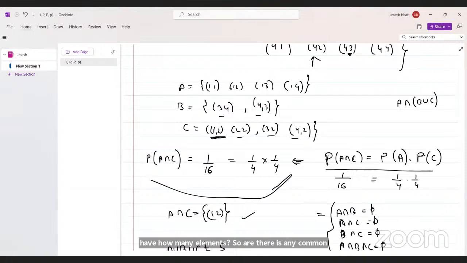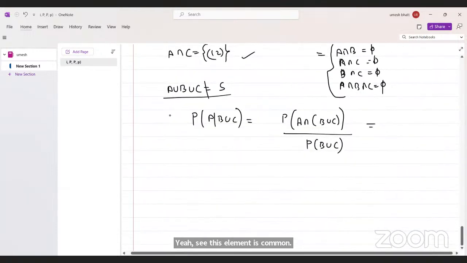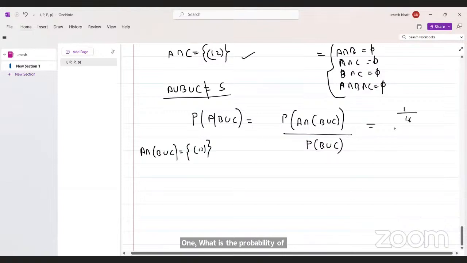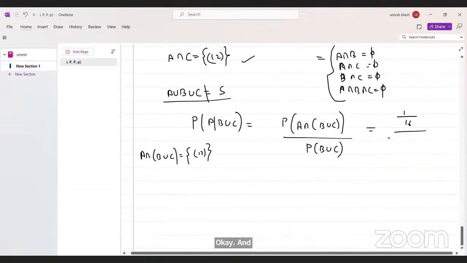Yeah, 1, 2 is common in A and B union C. So A intersection B union C is 1, 2. So what is the probability of this? 1 divided by 16. Okay. Any doubt in this?